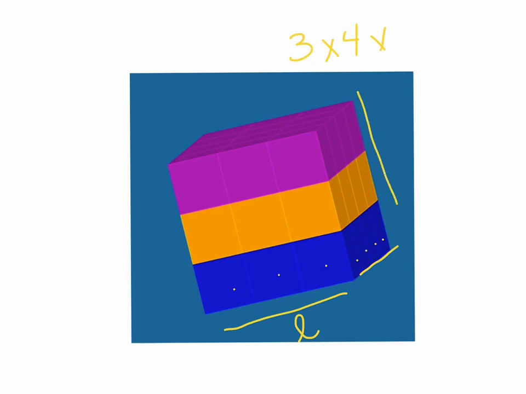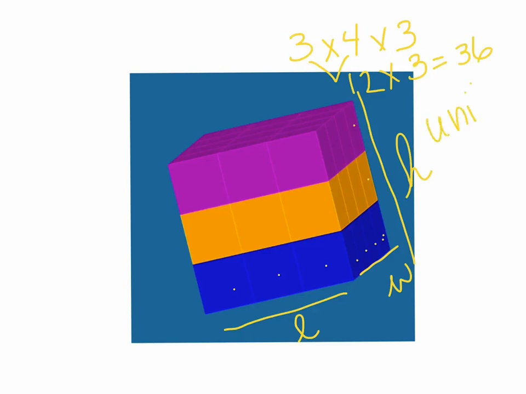And then we look and we see our height is 1, 2, 3. So we have length of 3, width of 4, and height of 3. So 4 times 3 is 12, and 12 times 3 is 36. And this is 36 units cubed.